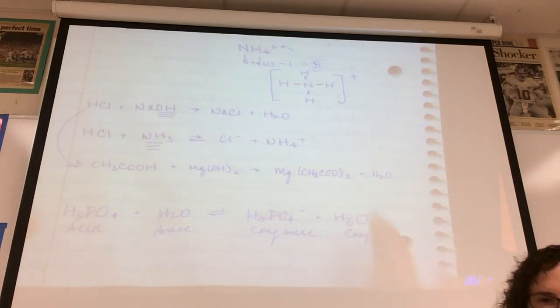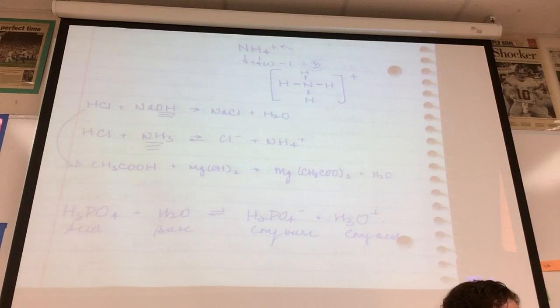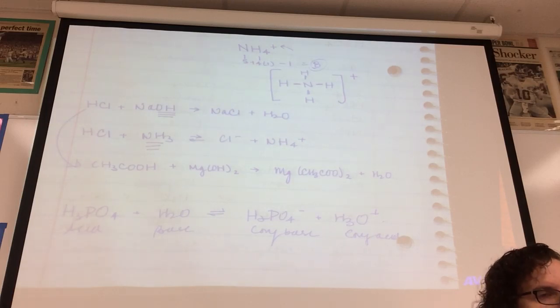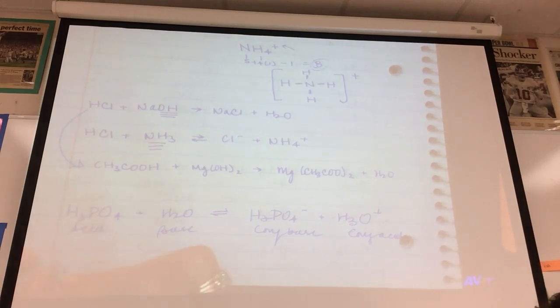One year on an AP exam, they asked for a conjugate acid-base pair. That doesn't mean that they're both the conjugates. It means you have an acid with its conjugate base, or a base with its conjugate acid. So if they ask you for a conjugate acid-base pair, you need those complementary pieces, if you will.